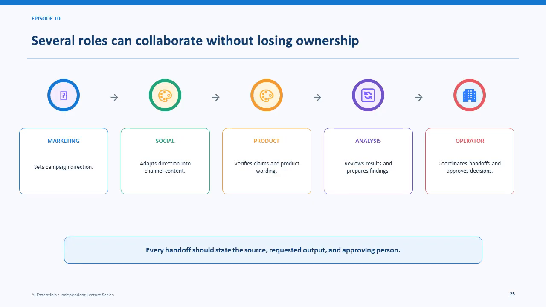Several roles can collaborate without losing ownership. Marketing defines direction, social adapts channels, product supplies verified facts, analysis provides evidence, and operations coordinates release. Every handoff should state source, expected output, and approval owner.